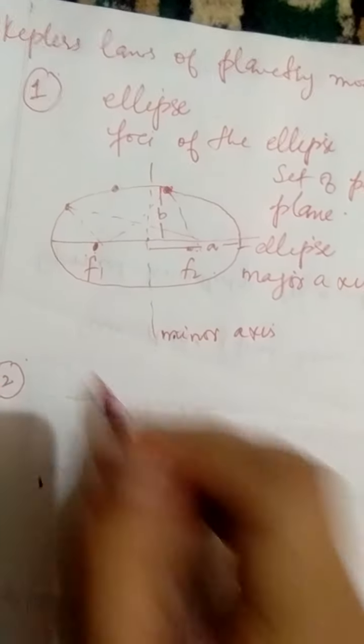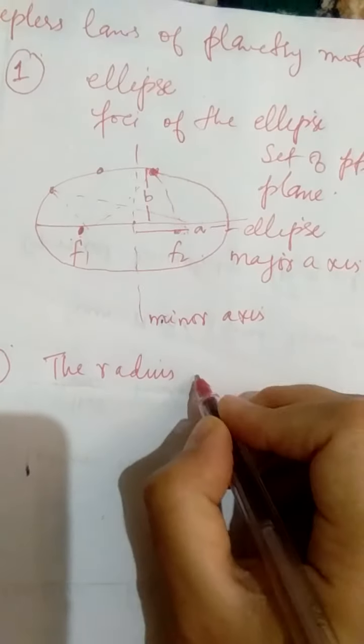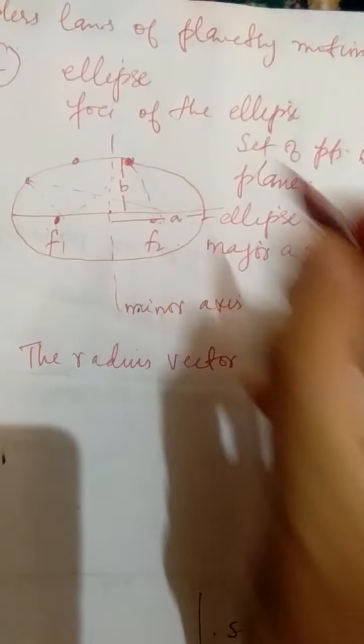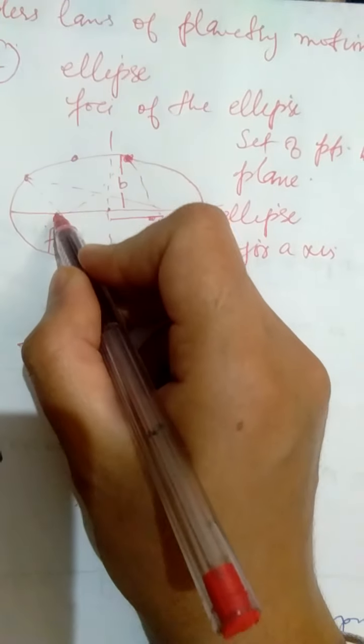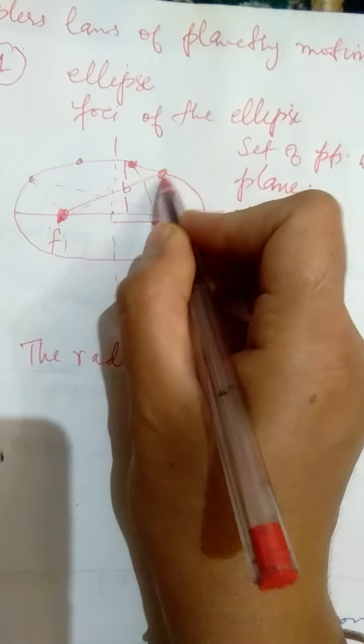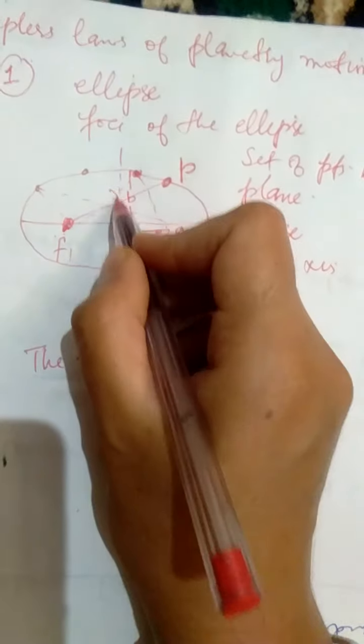Second law states that the radius vector, what is the radius vector? The radius vector is the line that joins the focal point or the sun to the planet. Suppose this is the planet. This is the radius vector.